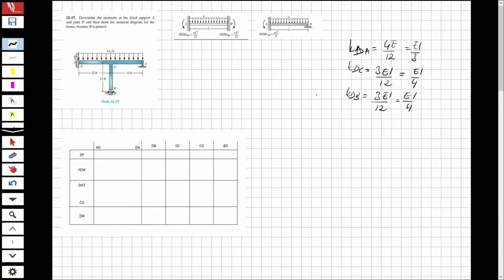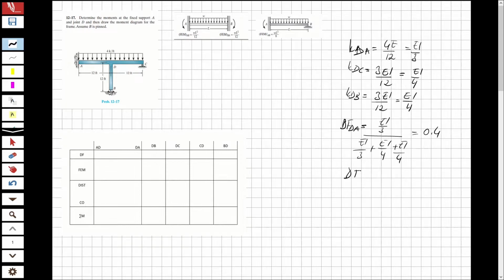And now let's find the distribution factors. For DA, that will be EI over 3 over (EI over 3 plus EI over 4 plus EI over 4), and this is going to be 0.4.